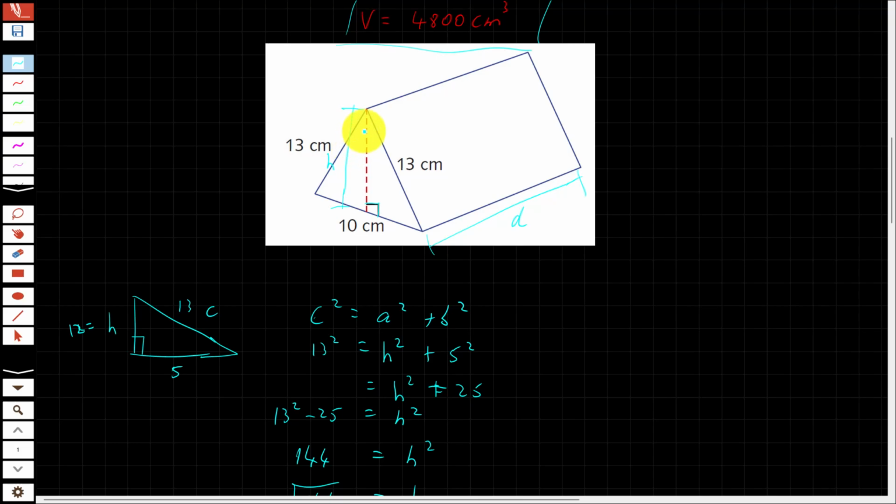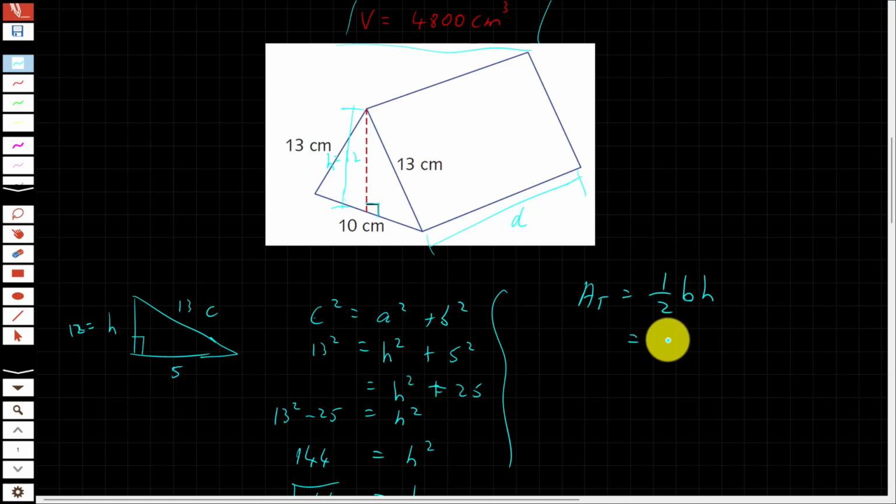So we know h, and now we need to find d. Now we know that we have a triangle there. We know the formula to calculate the area for a triangle. So area of triangle equals half times the base times the height. We know h, we know the base length of the triangle, so we can calculate the area of this complete triangle on the end here.